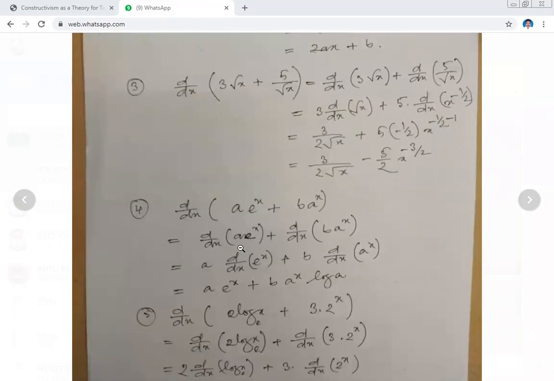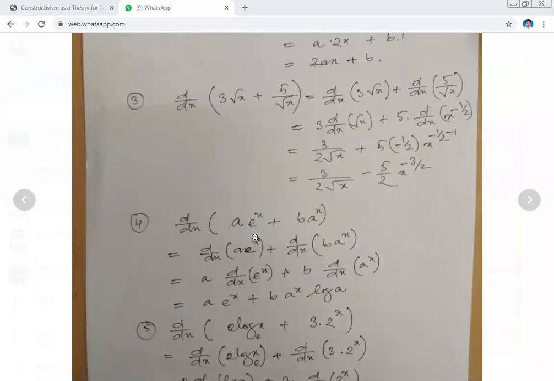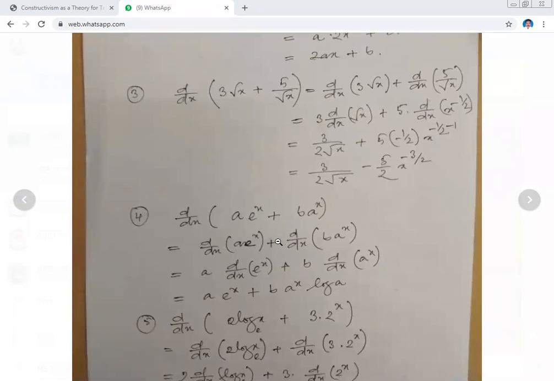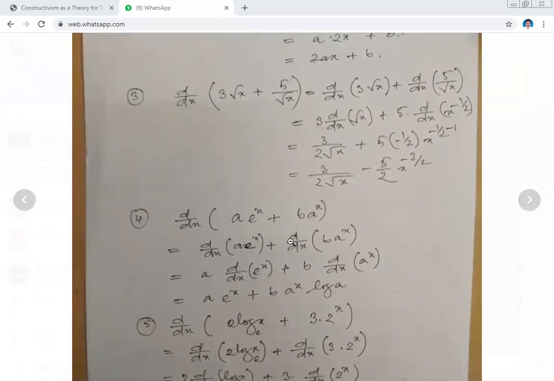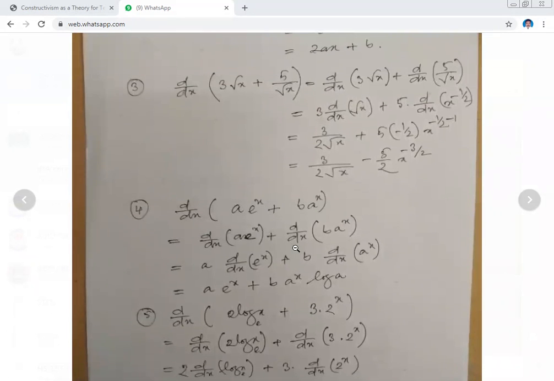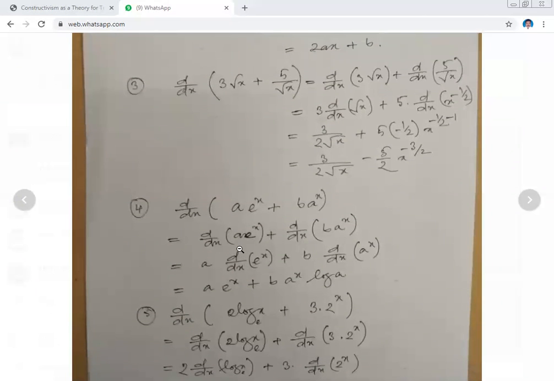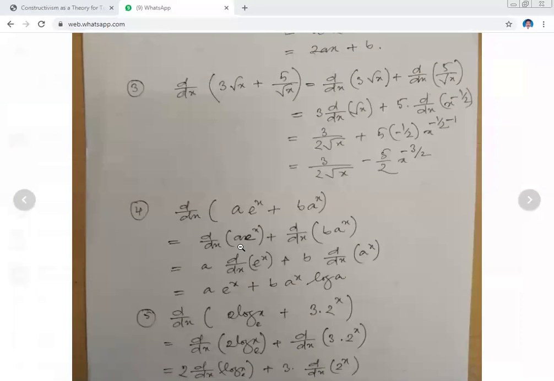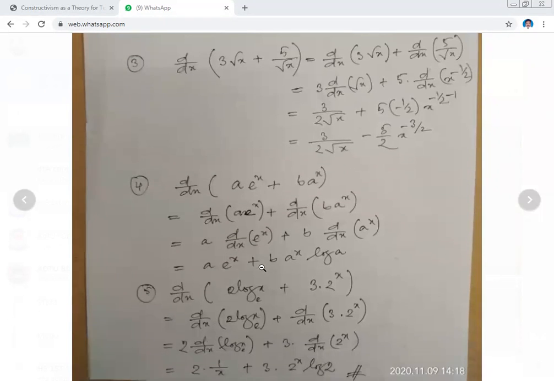Now in the third one, in the same way, d/dx of a into e to the power x plus b into a to the power x. It is a sum of two, so d/dx of the first plus d/dx of the second. For the first, a is constant, it is not a function of x, so a is written outside the operator and e to the power x is left.